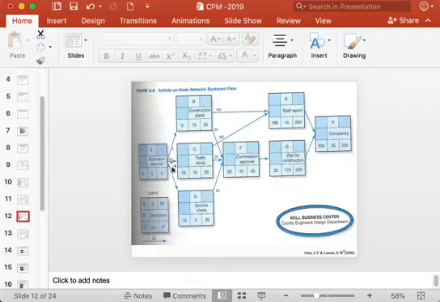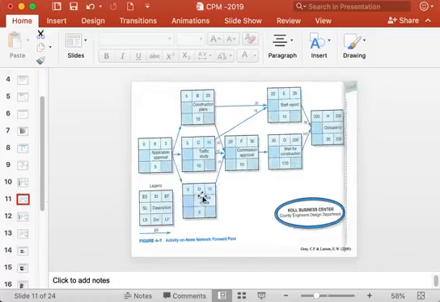So when you do the backward pass, you have to look at the smallest latest start time and put it as the latest finish time of the preceding activity. When you move in the forward direction, you have to take the largest, as you saw here.